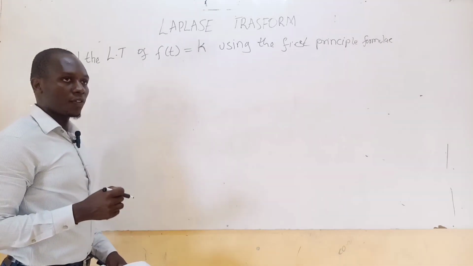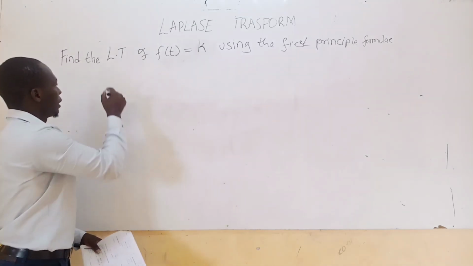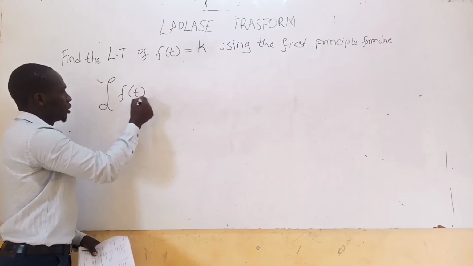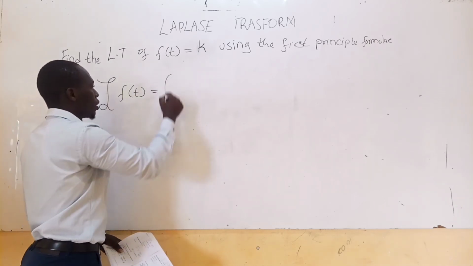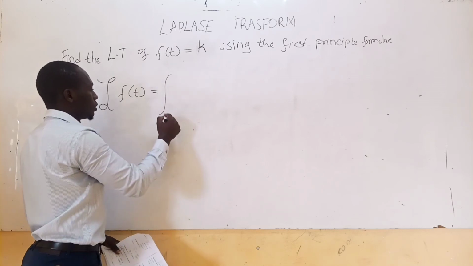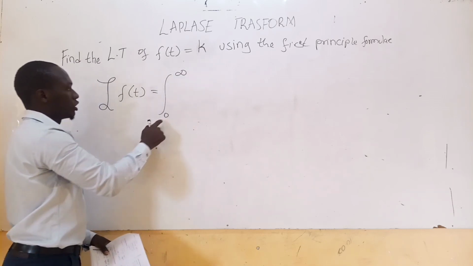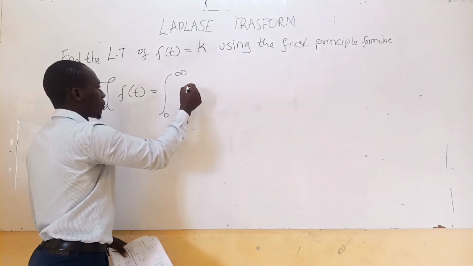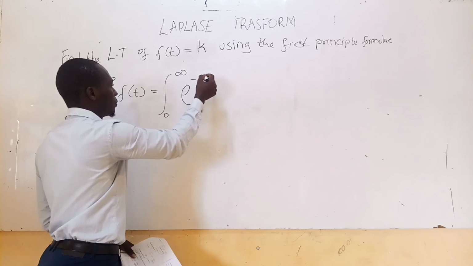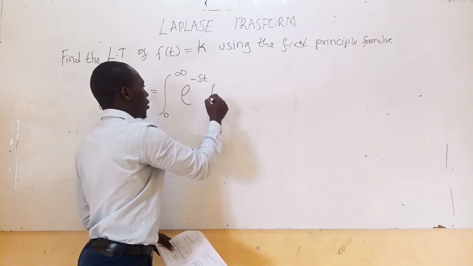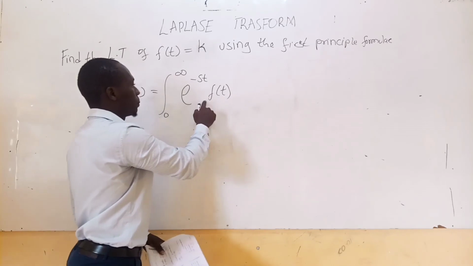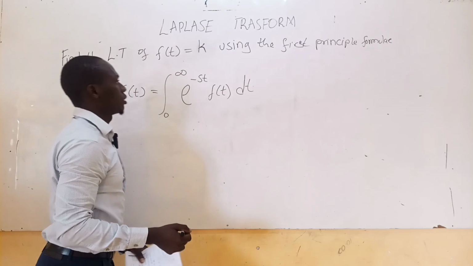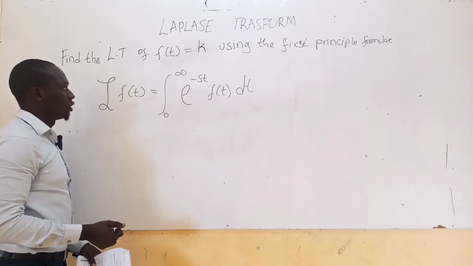So when it comes to the first principle formula, we understand that the linear operator of a function f of t is equal to the integral from 0 up to infinity of exponential negative st multiplied by a function f of t, with integration with respect to dt.